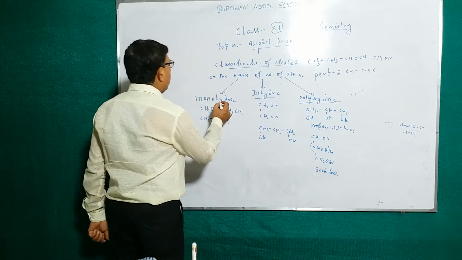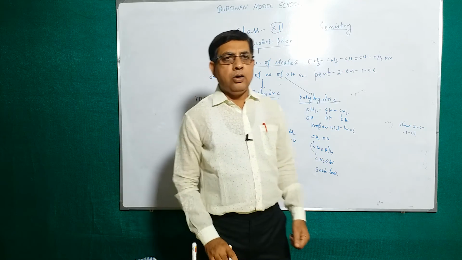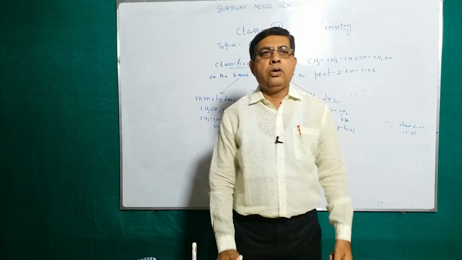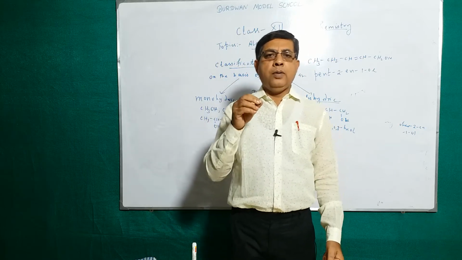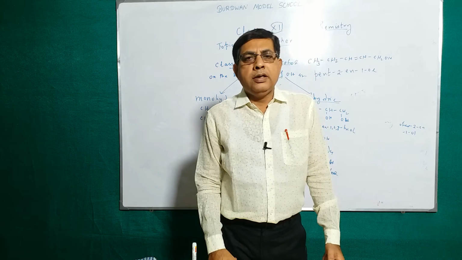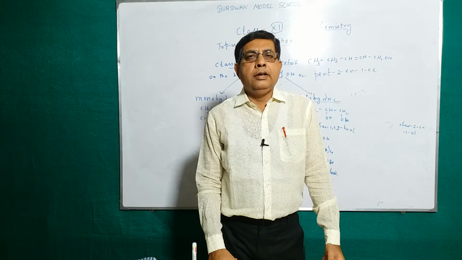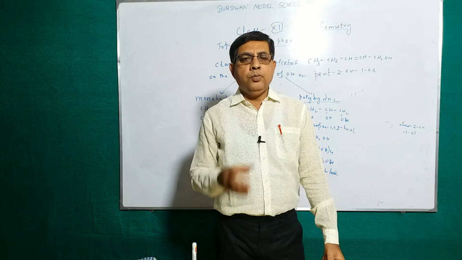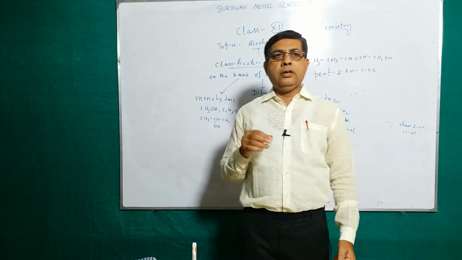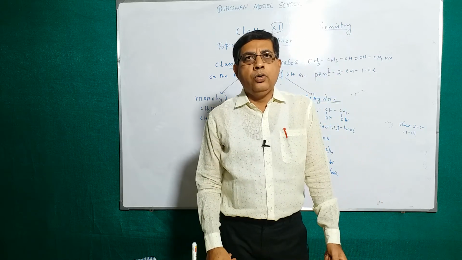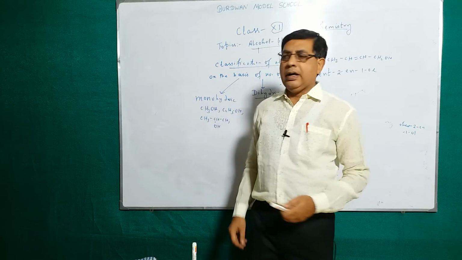This monohydric alcohol again is of 3 types: primary alcohol, secondary alcohol, and tertiary alcohol. If the OH group is attached to a primary carbon atom, say CH3OH, methanol, ethanol, propan-1-ol, then it is called primary alcohol. If the OH group is attached to a secondary carbon atom, it is called secondary alcohol. When the OH group is attached to a tertiary carbon atom, it is called tertiary alcohol.